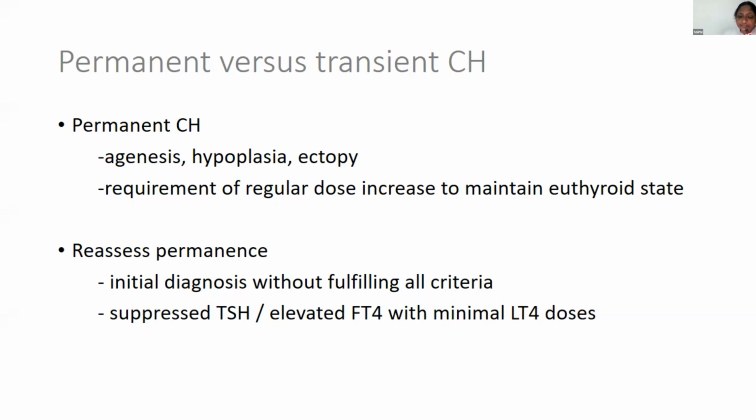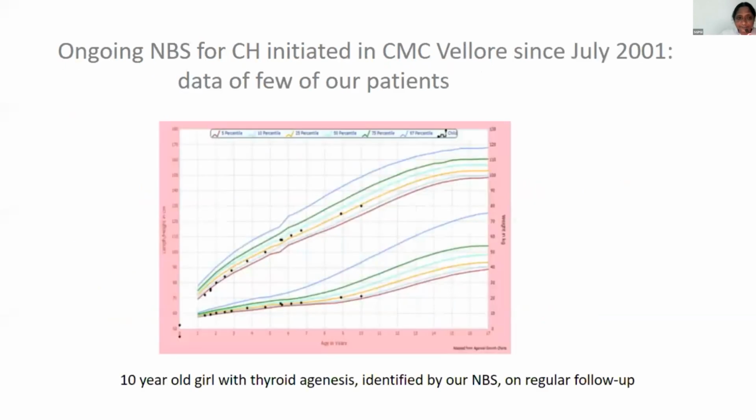But the permanence has to be reassessed in those where the initial diagnosis is made without fulfilling all criteria, and the TSH throughout the first 3 years of treatment remains suppressed to a certain extent, or there is an elevated free T4 with minimal levothyroxine dose changes. In those, we need to give a trial off beyond 3 years of age and reassess.